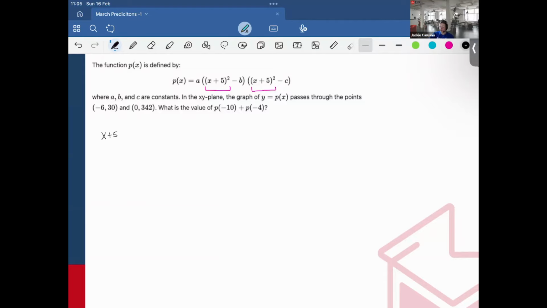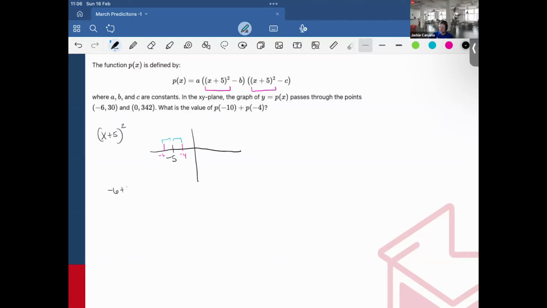So if I had (x plus 5) squared, the output is 0 at negative 5. So if I took two other x values, negative 6 and negative 4, they each are evenly spaced 1 away from negative 5, which means that when I square these values, they should give me the same output.